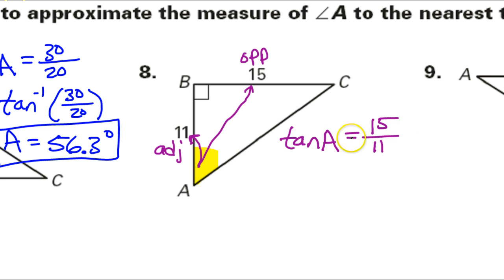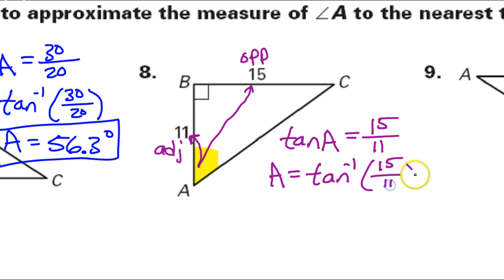You have to write that down. Do not skip this step. Then the angle will equal the inverse tangent of 15 over 11, and this can be put in your calculator. You cannot skip either one of these steps.